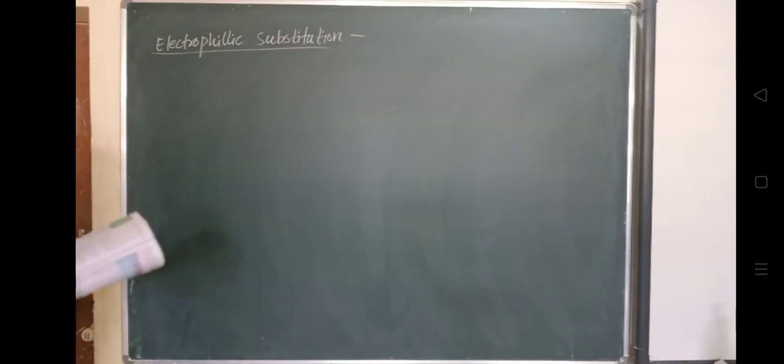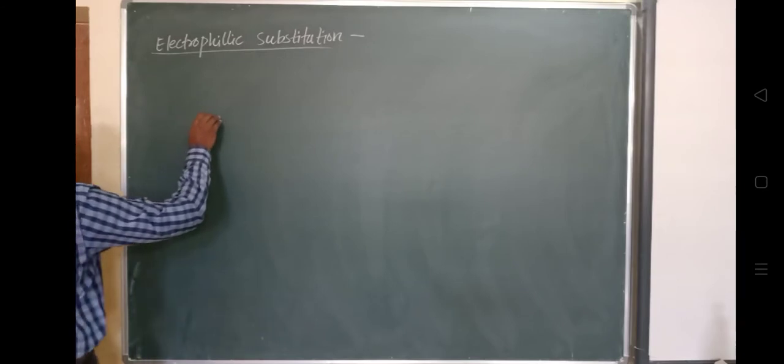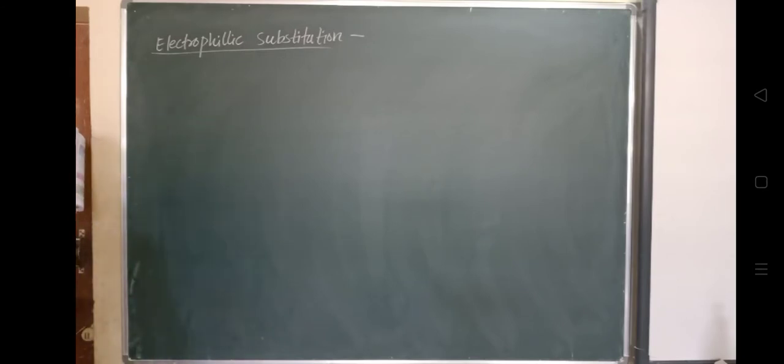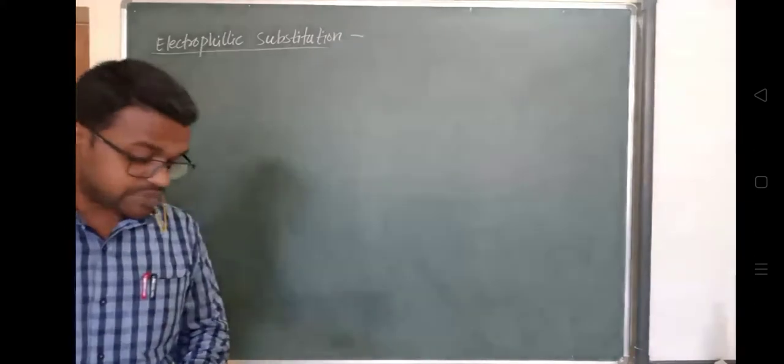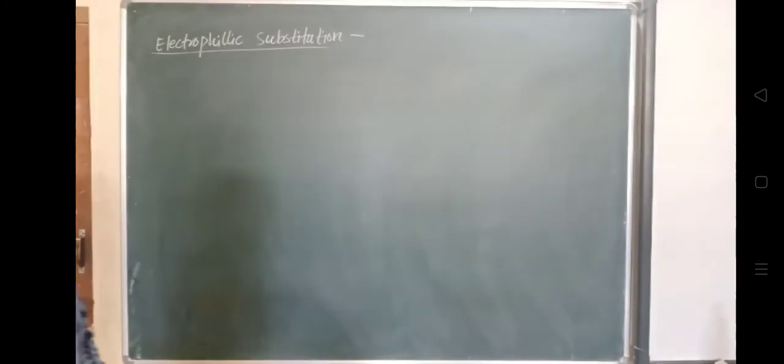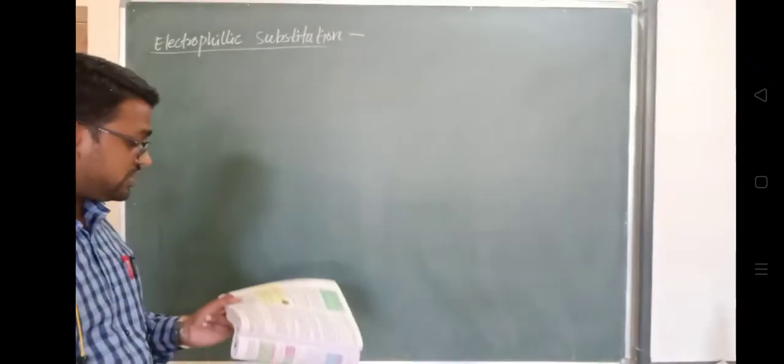Electrophilic substitution. Aryl chlorides and bromides can be prepared by direct halogenation. What do we call aryl?